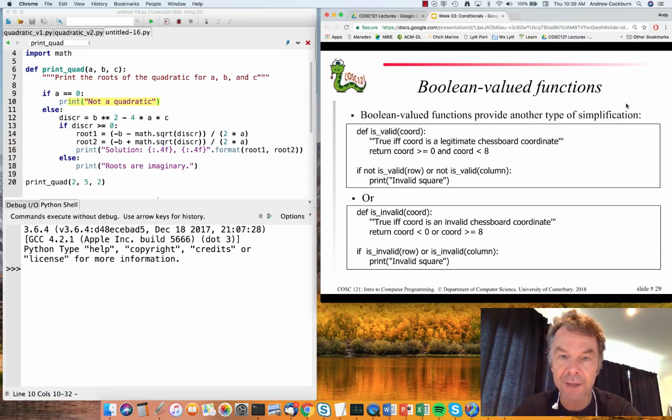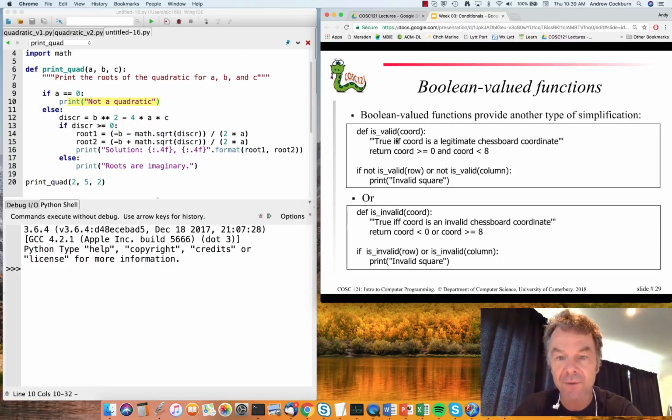Our fourth and final method for simplifying Boolean expressions and program structures is to use Boolean valued functions. So continuing our example of the chessboard, valid rows and columns, we could write a function that determines whether a particular coordinate is valid. It's in the range 0 through to 7 inclusive.